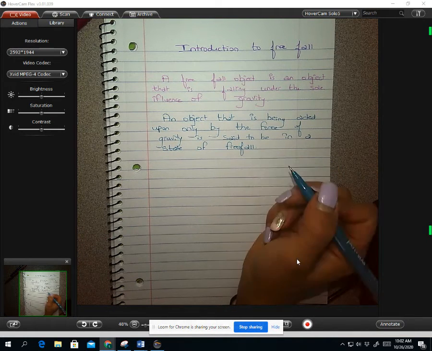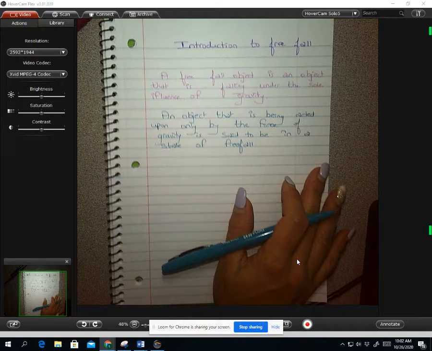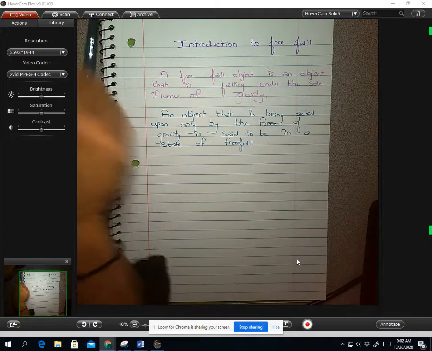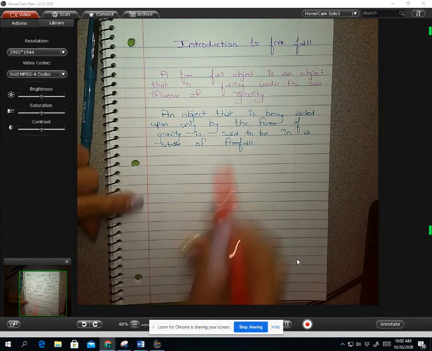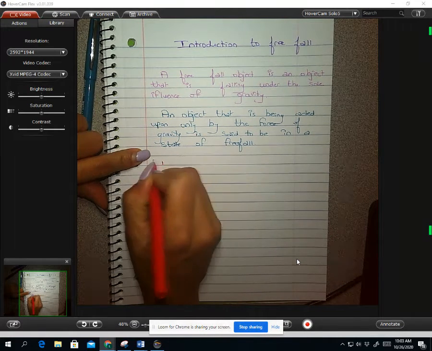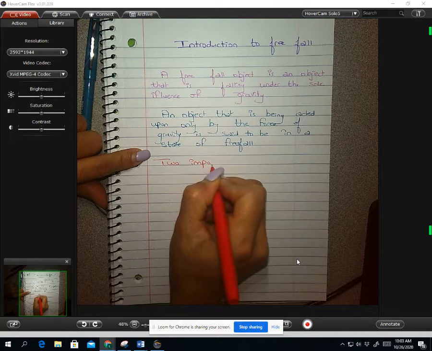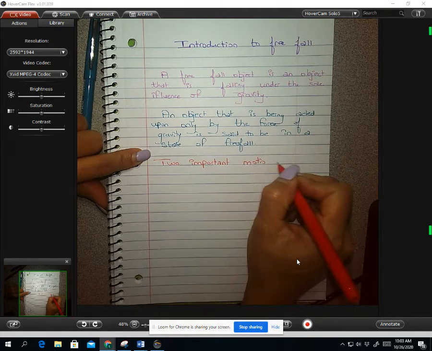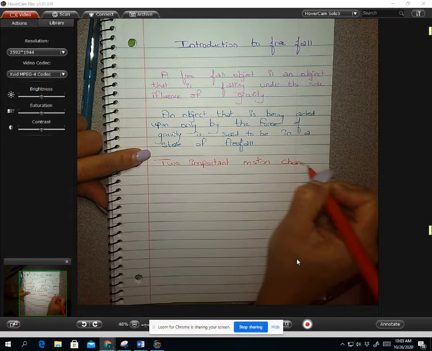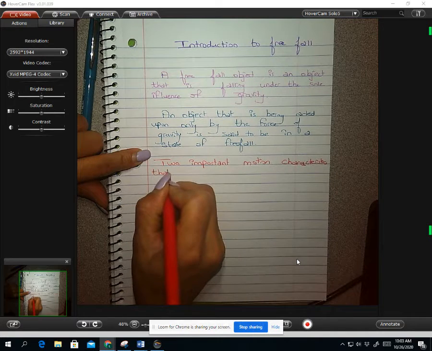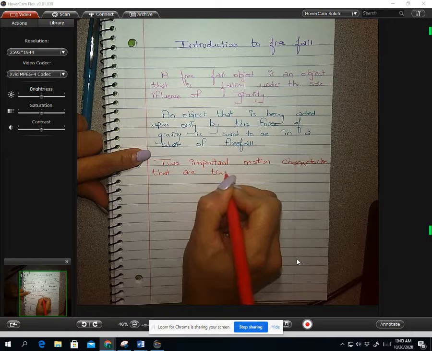Okay, so there are two very important characteristics of the motion of free fall. I'm going to say two important motion characteristics that are true of free falling objects.